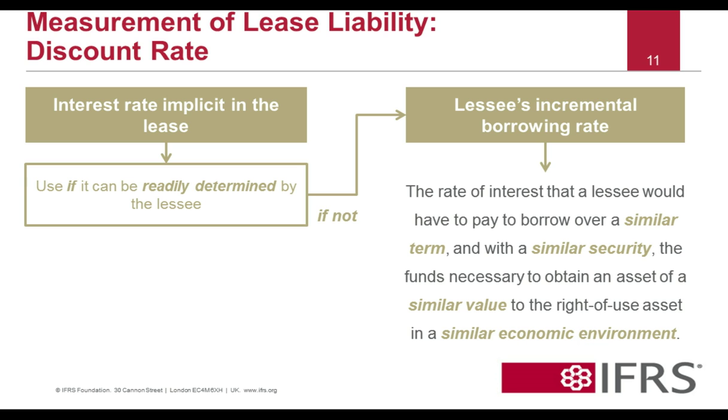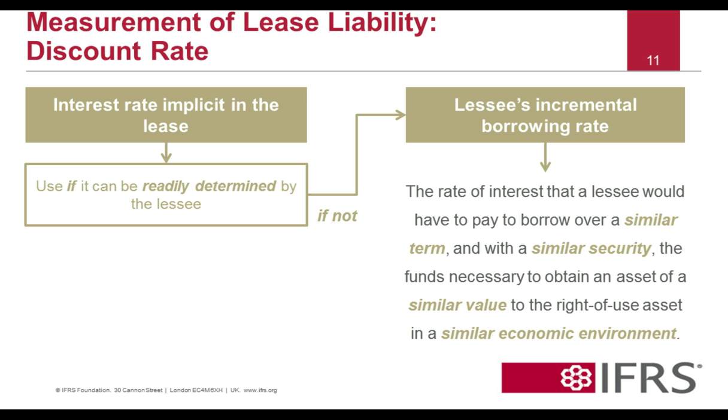Well, no, that's very unlikely from a practical perspective. So the most realistic practical outcome here is that a lessee will use the same incremental borrowing rate for groups of leases with similar characteristics. Now, we understand that it's common for companies to have multiple similar leases.